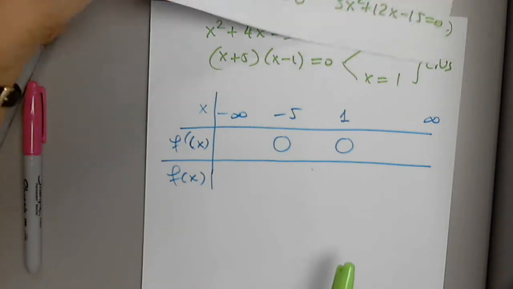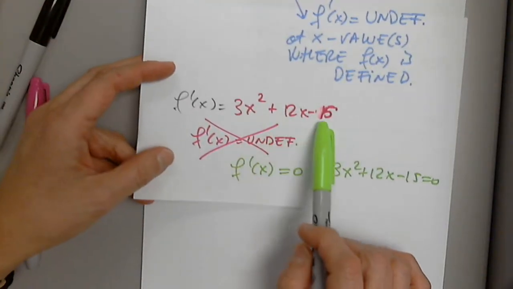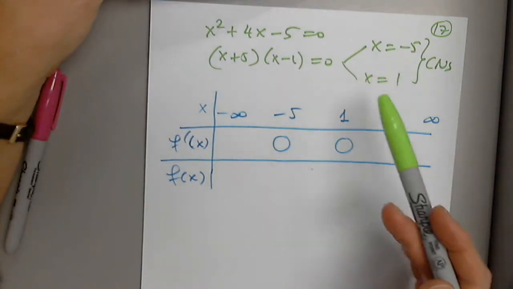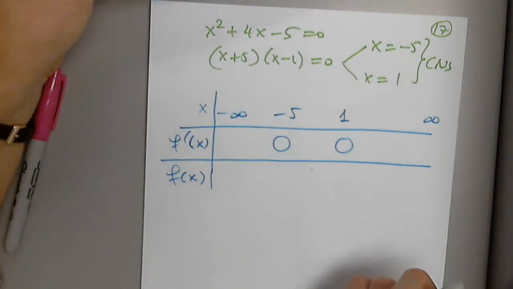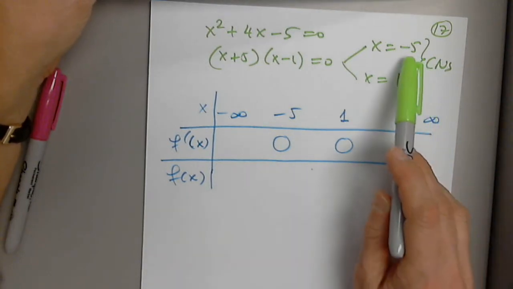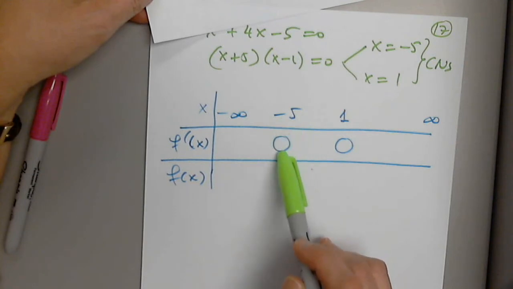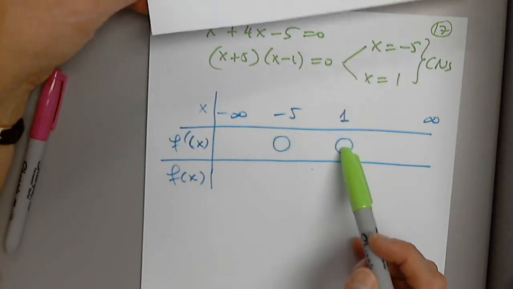Okay, so all I did was I looked at this function. I found its x-intercepts basically for the derivative, but we're not graphing the derivative. So I found that the original function has two critical numbers, one at -5 and one at 1.